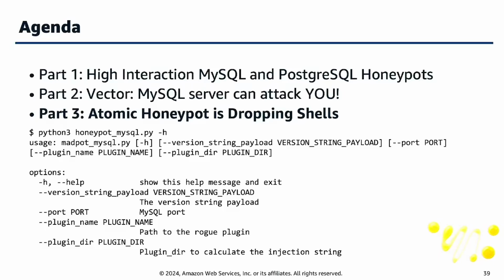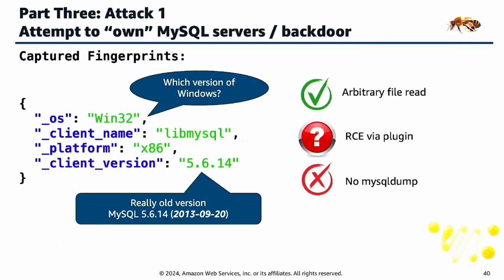Now with this honeypot, we are finally going to explore our bad actors. So we started with attack number 1. We started looking at the fingerprints that we have, and we realized that this is Windows.